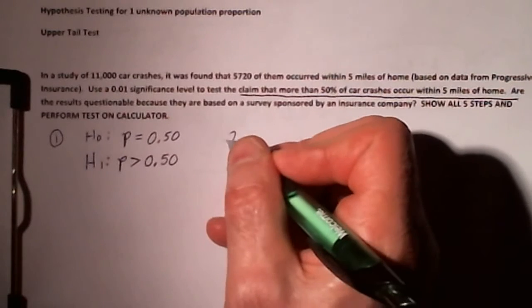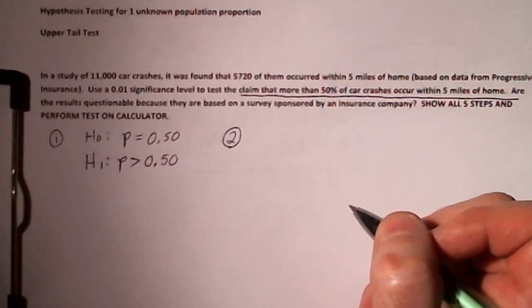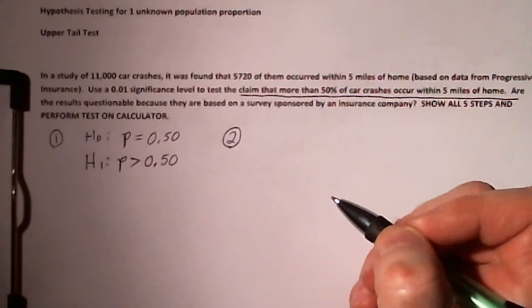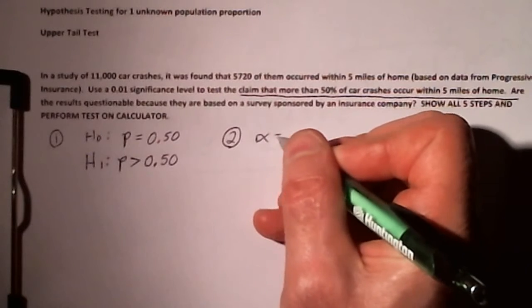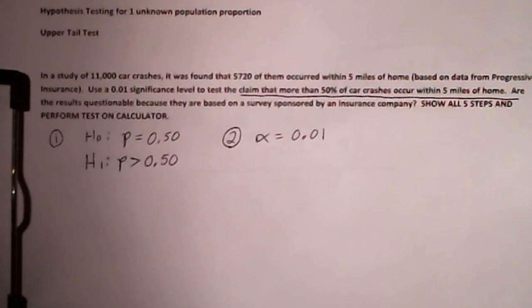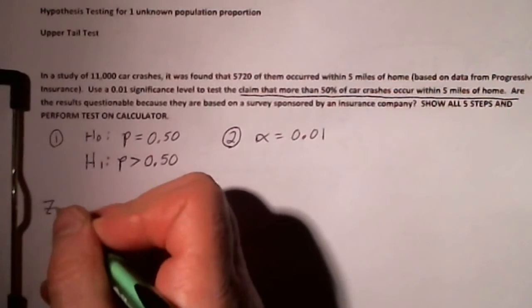Step number 2 is establishing the level of significance, the probability of committing a type 1 error should we have evidence to reject the null hypothesis. And we're going to test at 1%, so we set alpha equal to 1%. Step number 3 now is computing the test statistic value.